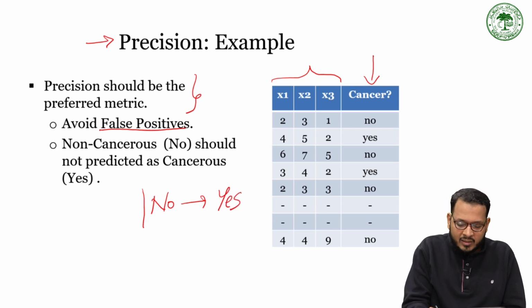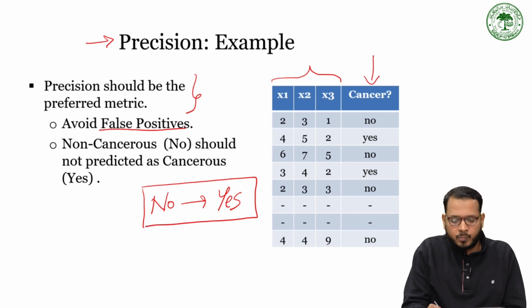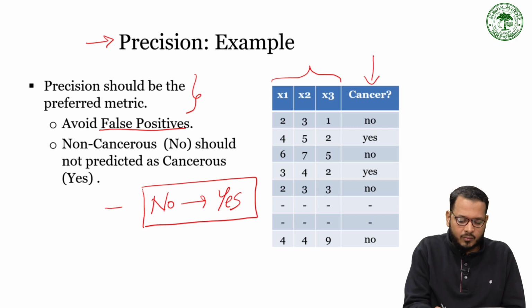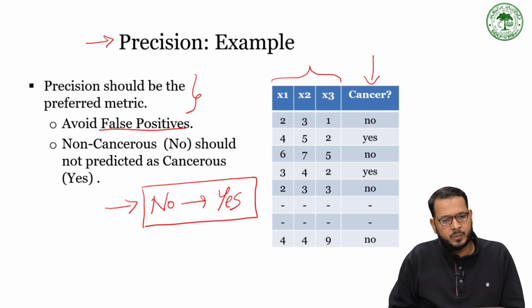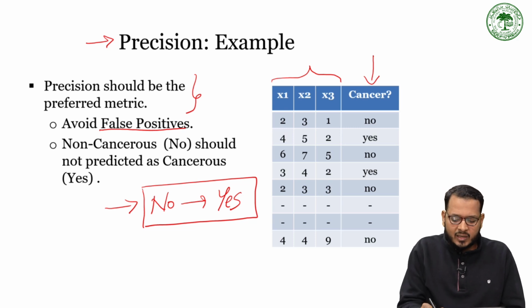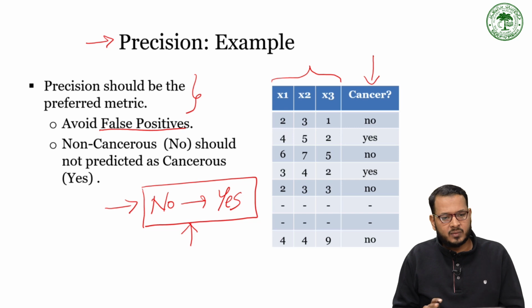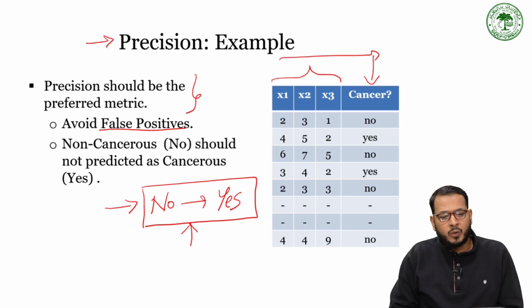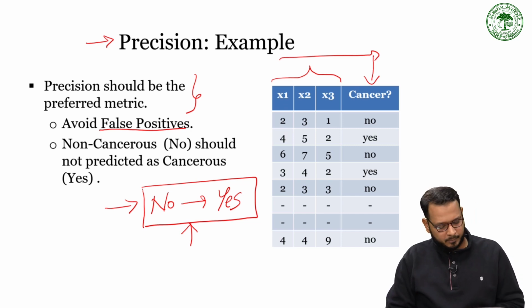We want to avoid this situation, and precision will give us a better understanding of how many false positive cases there are. If the precision value is higher, closer to 1, it means there are fewer such cases, and this is exactly what we want for this specific application. We do not want to predict non-cancerous patients as cancerous patients.